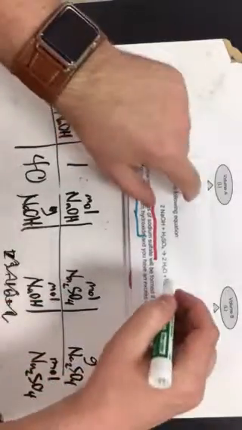Okay, then we are at the second one, which is this second middle part here. So this is coefficients from the balanced equation. If you look at your balanced equation, you are going to see that sodium sulfate has no number in front of it, which is the same as having a 1.